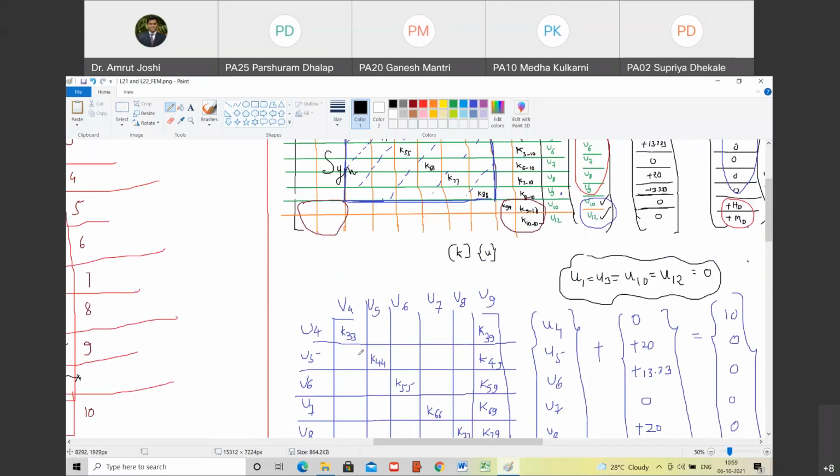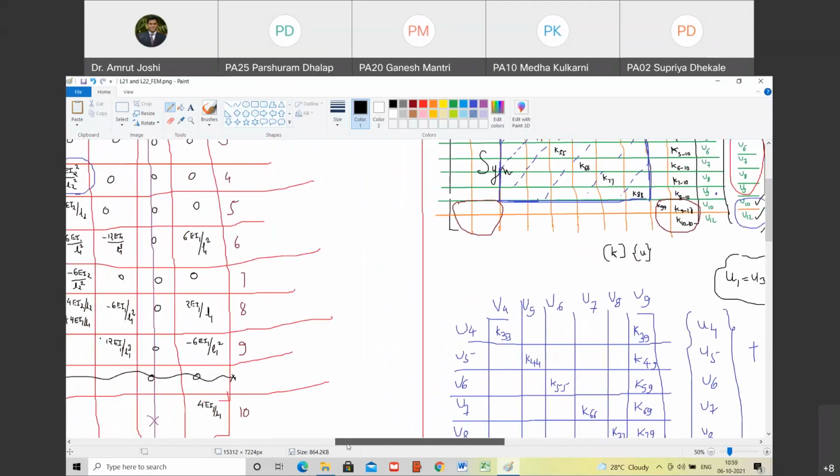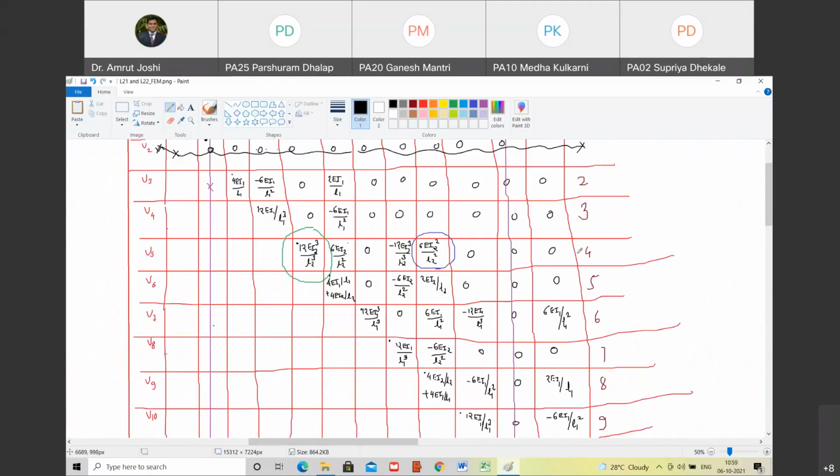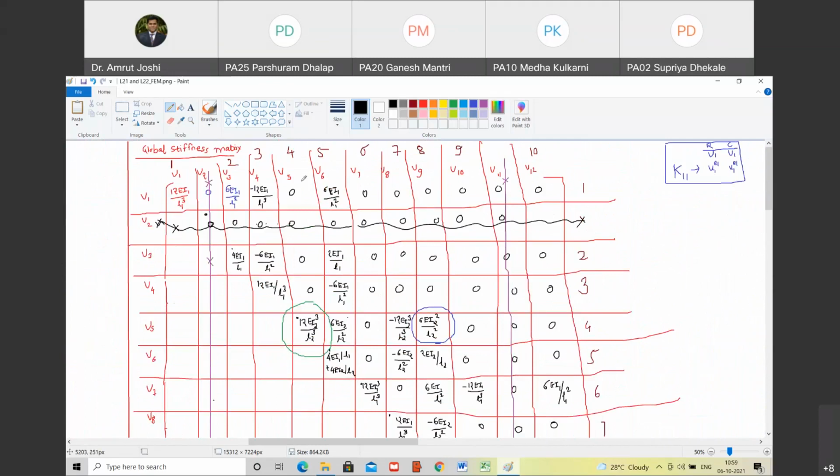Now let us go to the K44. So what is K44? Fourth row, fourth column. So it is 12 EI2 upon L2 cube. Are you with me? Yes, sir.